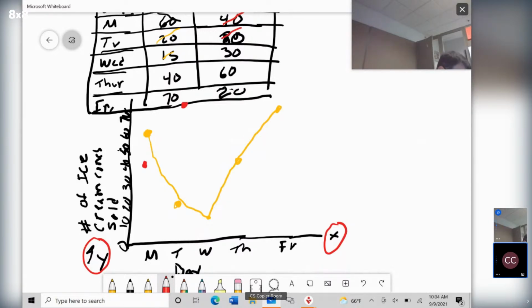Wednesday, there were 30 cones sold. And remember, we're doing vanilla now. So right there. Thursday, there were 60. It's going to go up here. And Friday, there were 20. So this graph is going to look something like this.